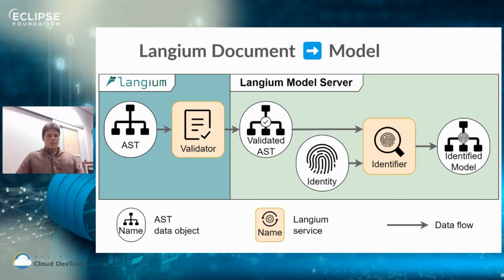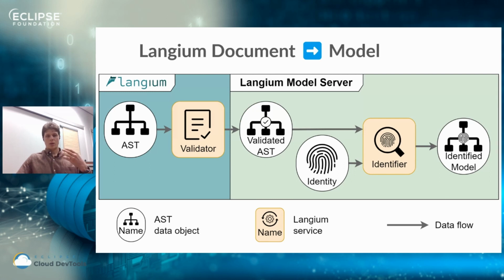To create a model out of the AST, 2 additional phases have been added to the Langium document workflow. First, the validator was customized not only to apply the validation rules based on the grammar, but also to filter out AST nodes which are invalid from the model server perspective.